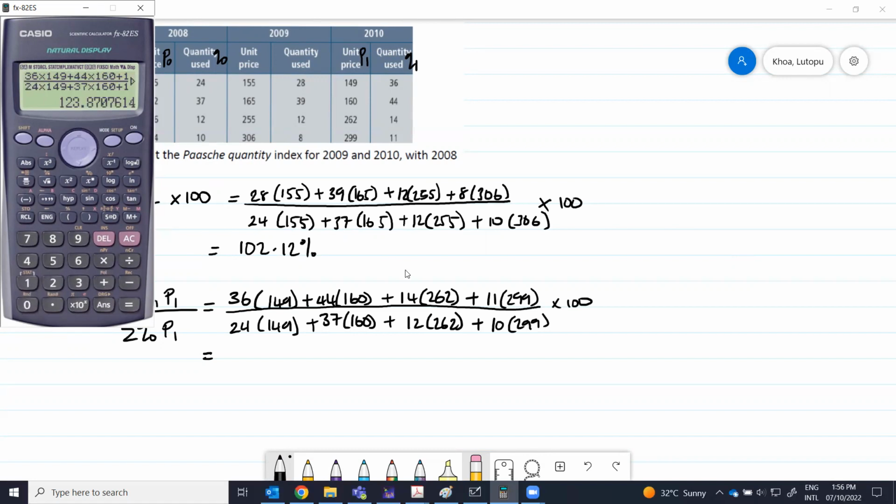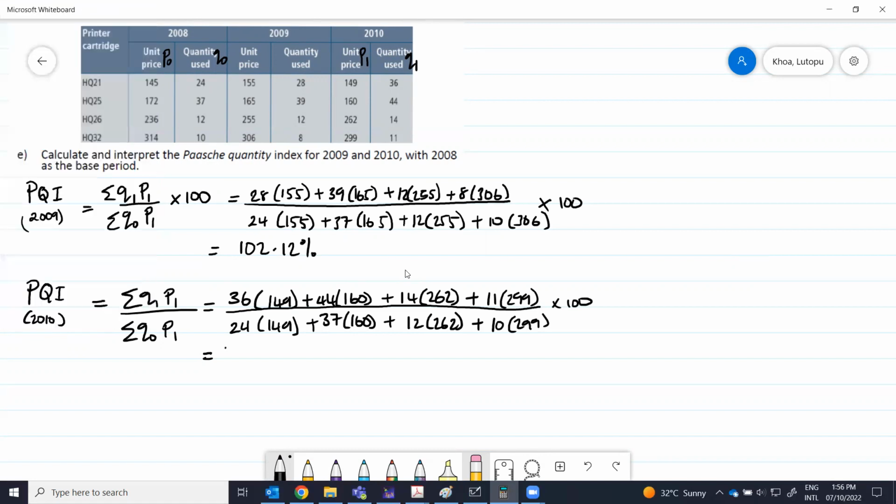So this is 123.87. So again, an increase as indicated by the last peers.